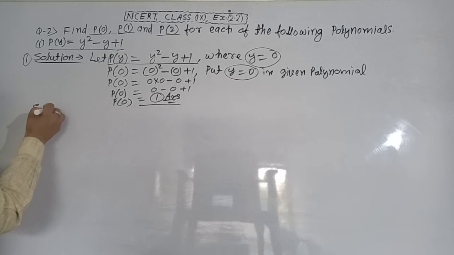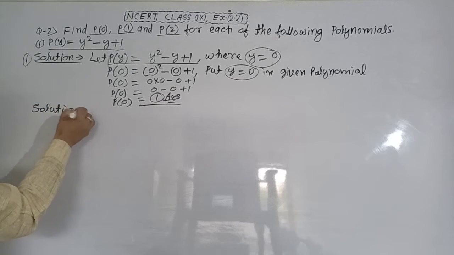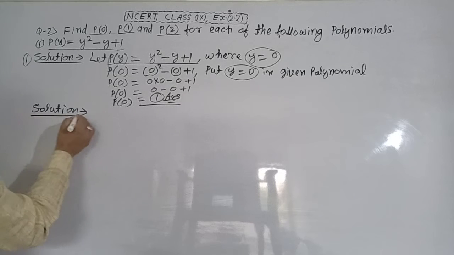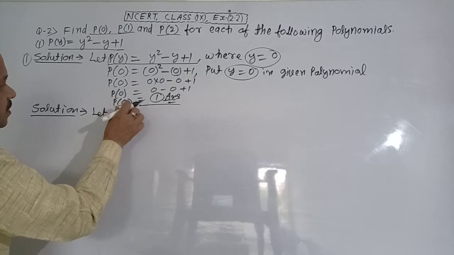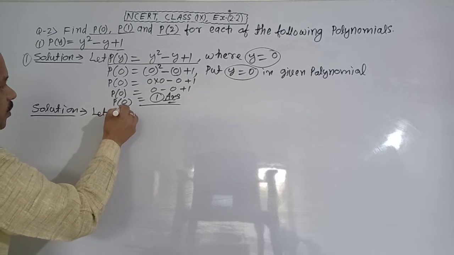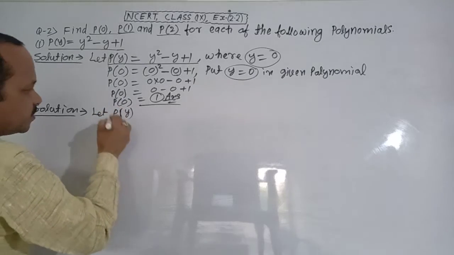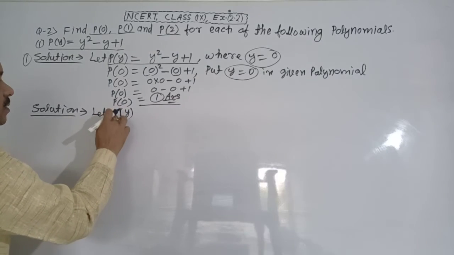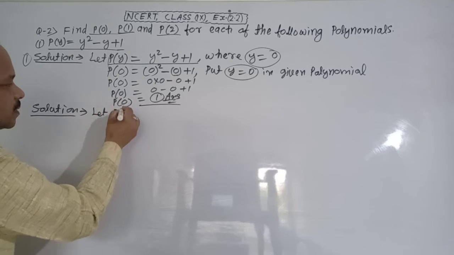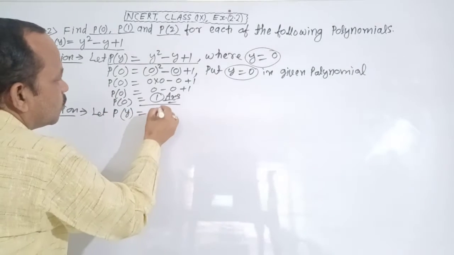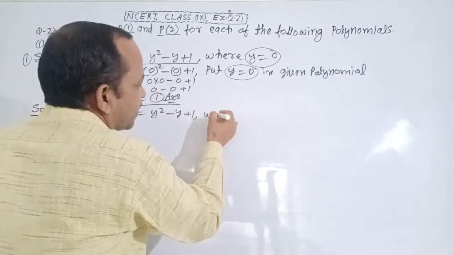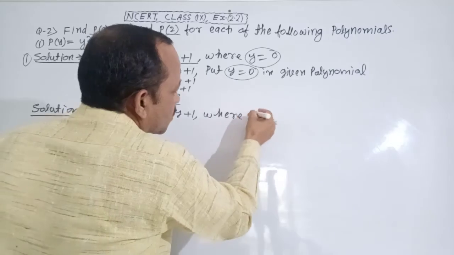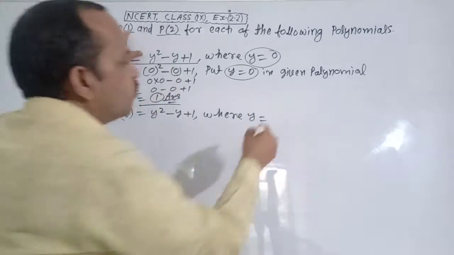Solution. Let P(y) equal y square minus y plus 1, where y equal to 1.